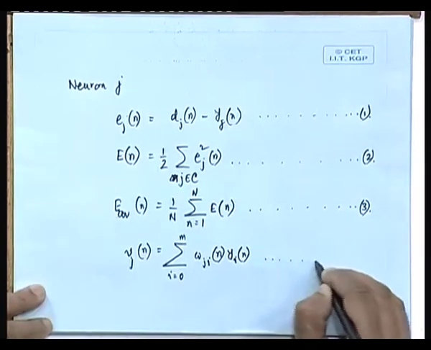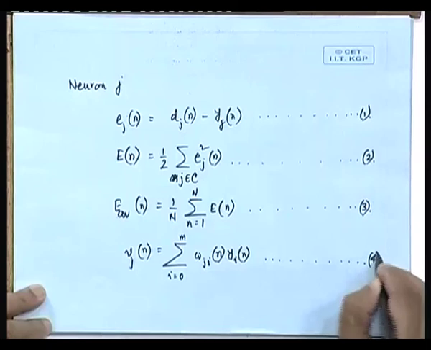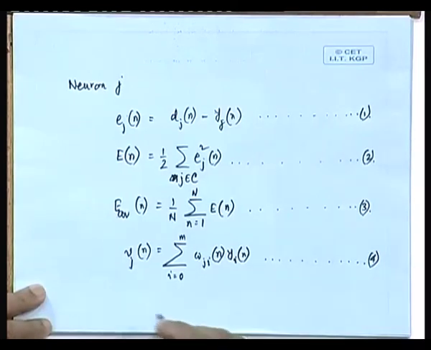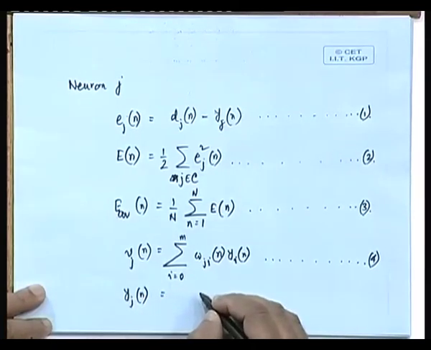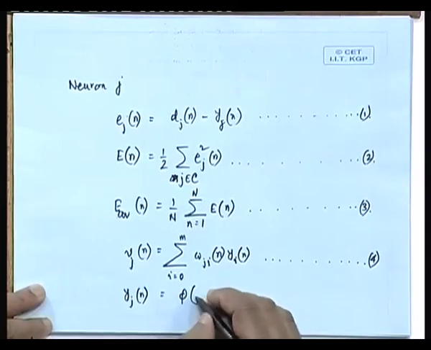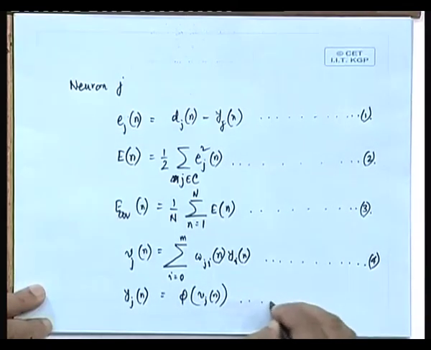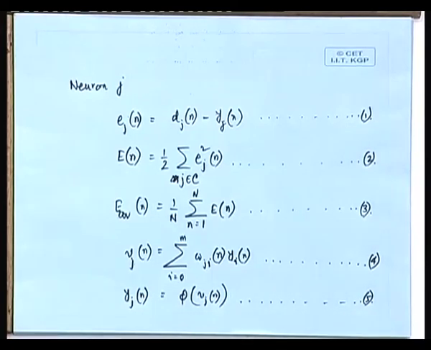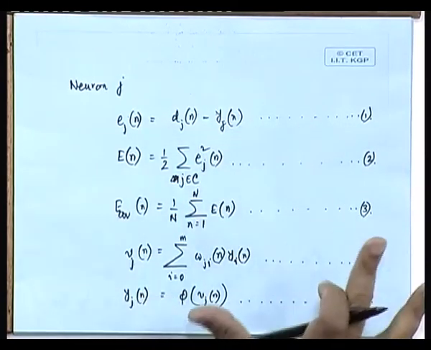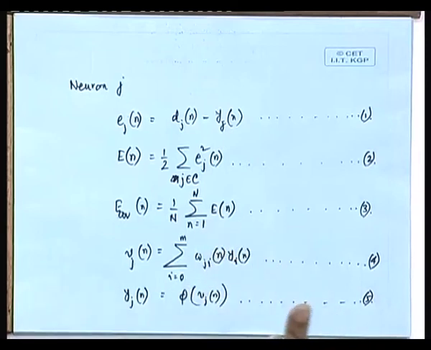So, this we are calling equation number 4, and the actual output y_j(n) is to be written as the activation function phi of v_j(n), and this is equation number 5. So these are the 5 basic equations with which we begin our analysis.